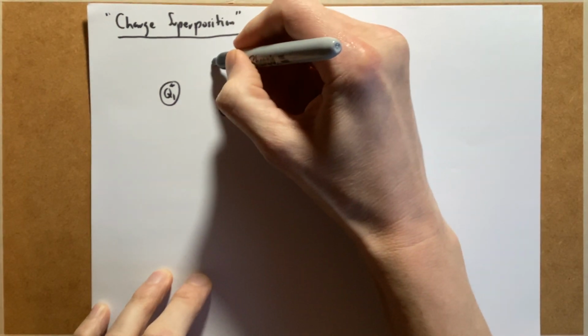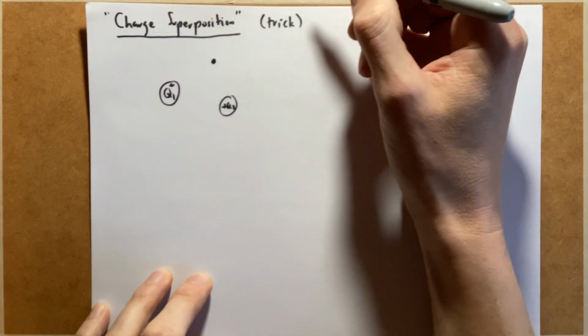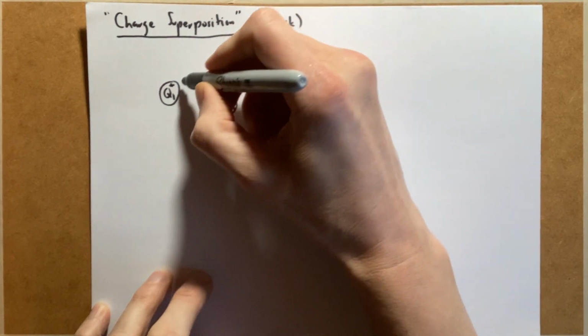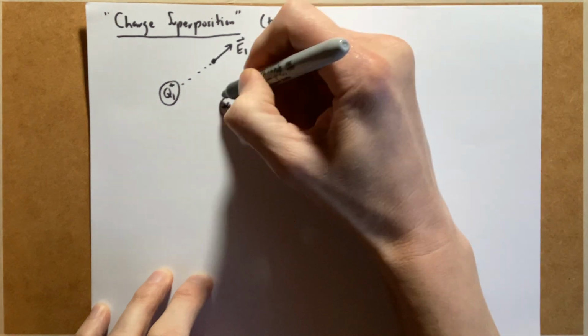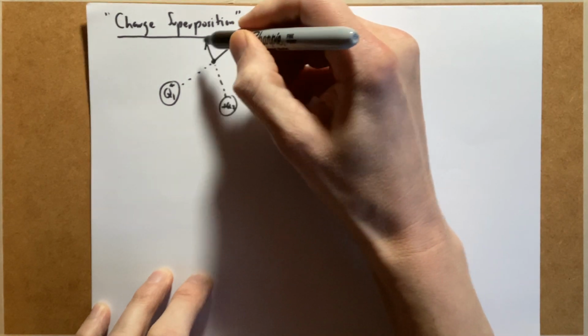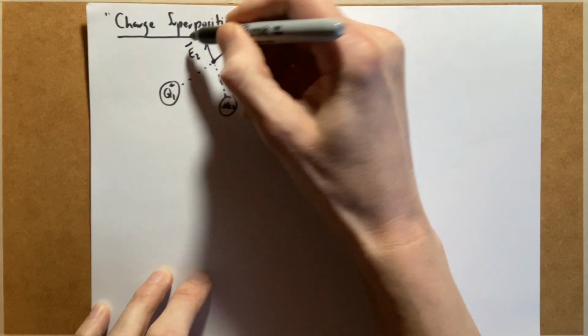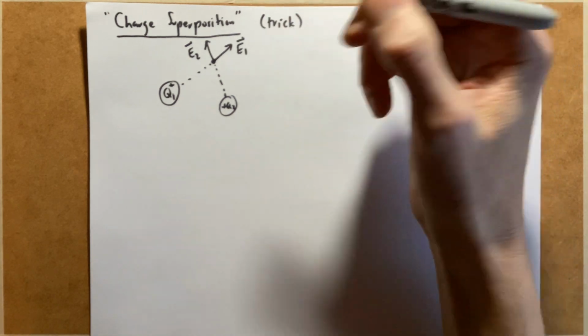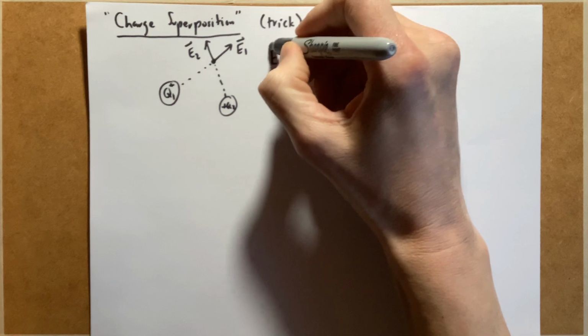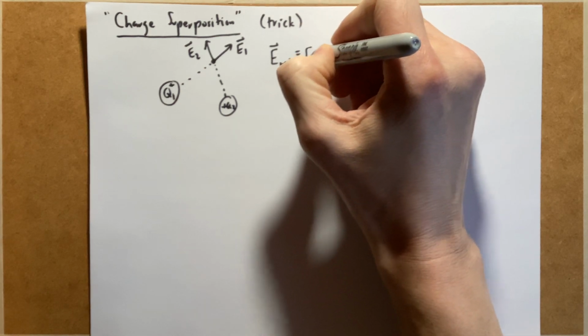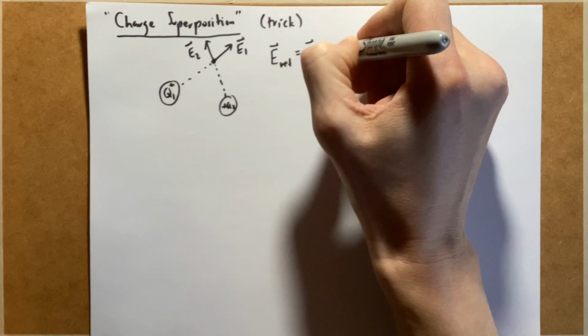If we wanted to know the net electric field at some point in space, well, what does charge 1 have to say about that? If these are both positive charges, they'll both contribute radially away. Charge 2 says that electric field should point like that, and the net electric field is just the vector sum of those two contributions.